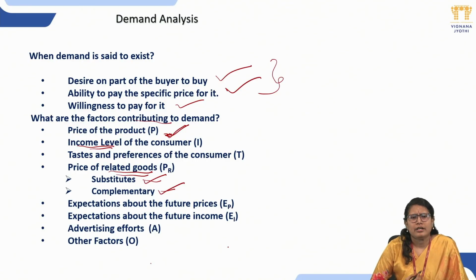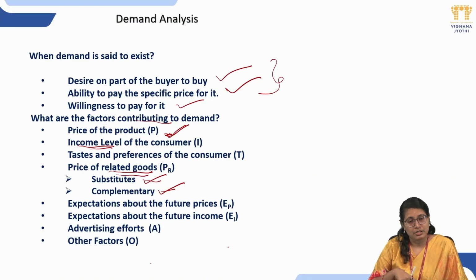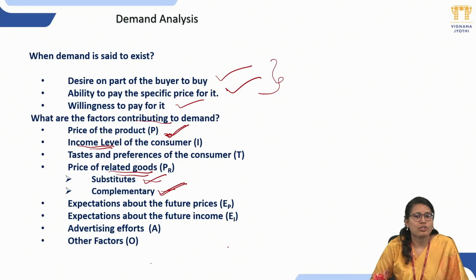See here, suppose the iPhone has the same features and the same warranties or guarantees as a Samsung phone. Then you may go for Samsung because the price is lower. So the price of the related good makes you either decrease or increase your demand. Complementary goods are the same.